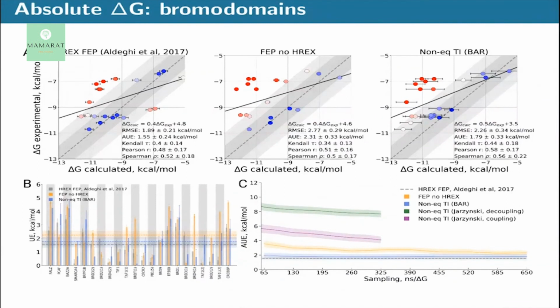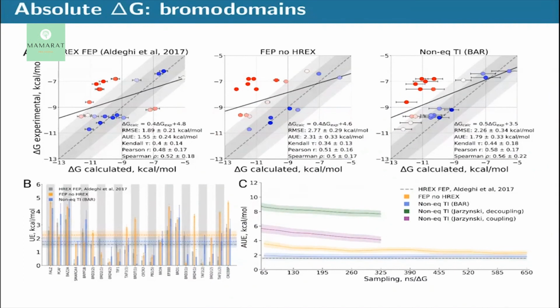Now we wanted to see what would happen if we were to not apply this enhanced replica exchange protocol, just simple FEP. We see this in the upper row, middle panel. We see that the accuracy drops. So from 1.5 in the average unsigned error, we drop to 2.3 average unsigned error. That's quite a large drop in kilocalories per mole.